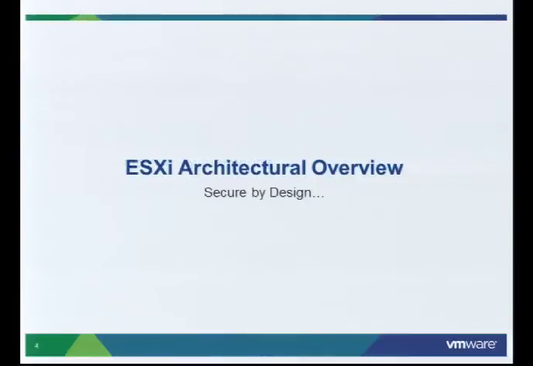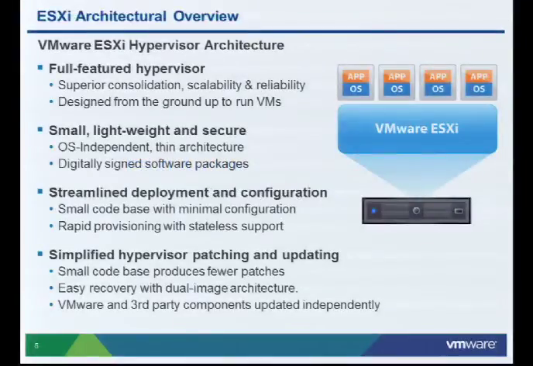Okay. So the architectural overview, ESXi, secure by design. Why? Because ESXi has been designed and built from the ground up for one express purpose, which is to be a hypervisor and to host virtual machines, so for the purpose of virtualization. Therefore, ESXi, by its very nature, is small, a small footprint, has only those components in it that provide the virtualization and the support for managing it.